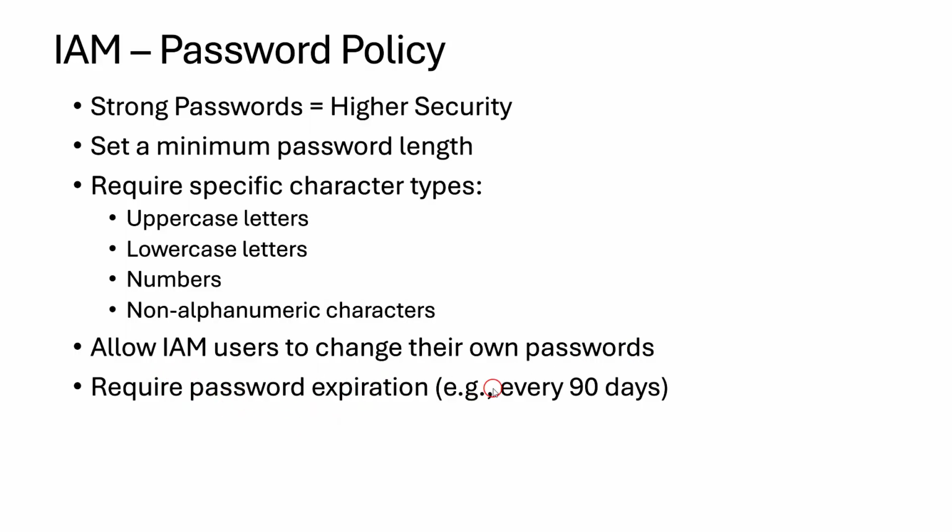For example, every 90 days we will expire the password, so that the users have to reset their password. You can set a requirement for users to change their password after a certain period, like every 90 days. This helps to rotate the credentials, meaning passwords, and reduces the risk of a password being compromised for a long time.